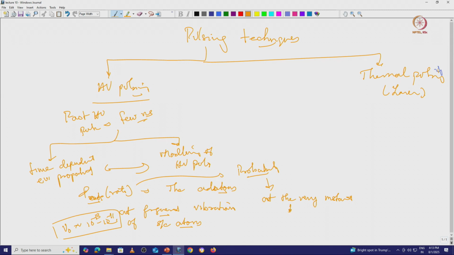Not all the atoms are field evaporated at the very same instant across the duration of the pulse. It means that if you have an HV pulse, some of the atoms may get field evaporated at this location, some of the atoms here, depending upon the local vibration frequency of that particular atom.